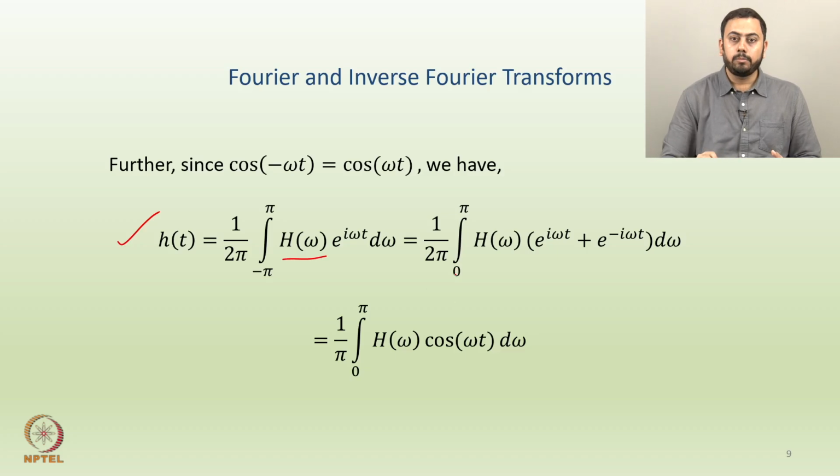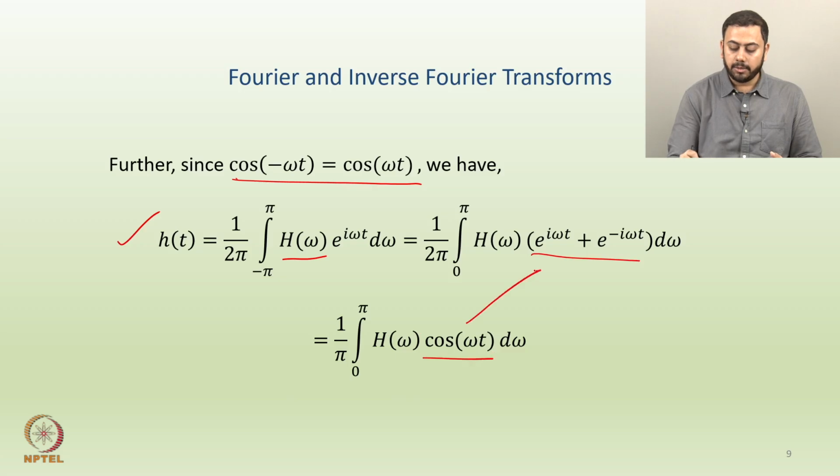So, 1 by 2 pi integral from 0 to pi. So, instead of minus pi to pi, it happens to be 0 to pi, again because of this relation, right, h(omega), and then the same thing. So, e to the power i omega t plus e to the power minus i omega t d omega, which again further reduces to this because of the same relation. So, cosine omega t has a relationship between this and the constant 1/2.